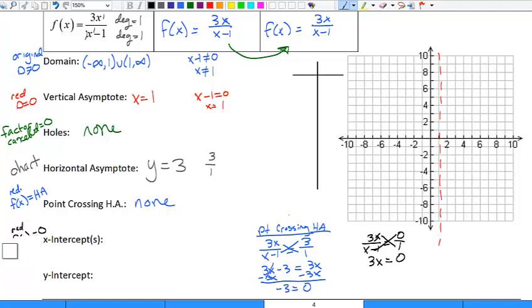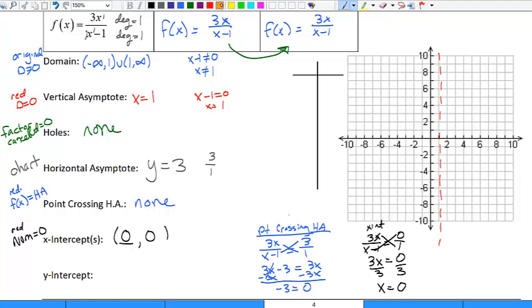So I'm going to come over here and erase my instructions. You can do it the long way, but I find if you just take the numerator and set it equal to 0, it's going to be a little bit faster. We're going to save ourselves a little bit of time. So we have x is equal to 0. I know x-intercepts are always something comma 0, in this case 0 comma 0.